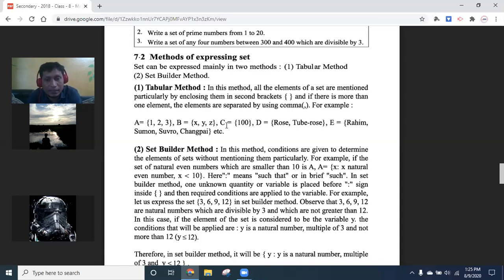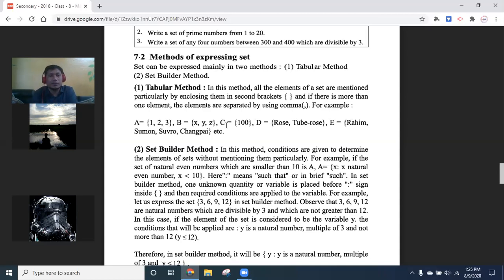As I told you some time ago, if I say A is a set of English vowels, then it is expressed by the set builder method, because here I didn't write down all the members. I didn't write A, E, I, O, U. If I wrote A, E, I, O, U separated by commas, then it would be in tabular form.